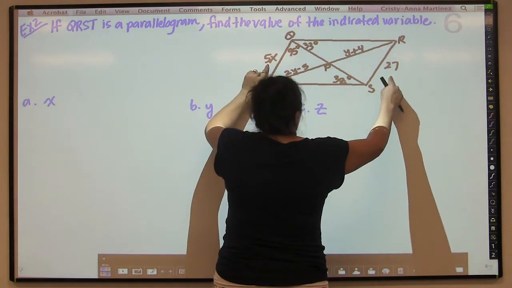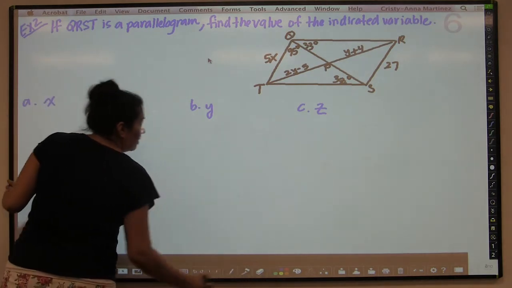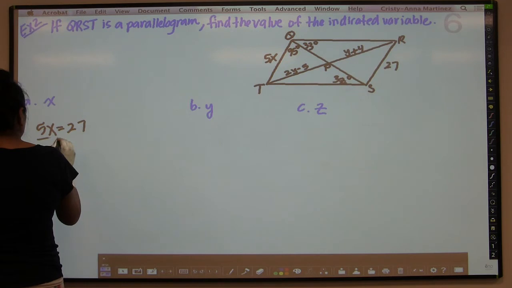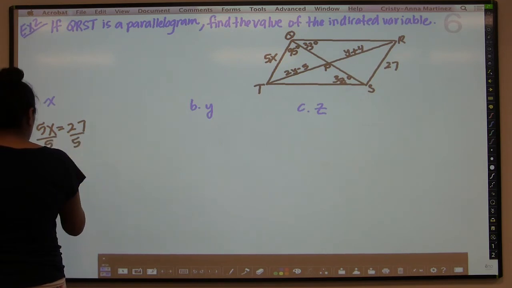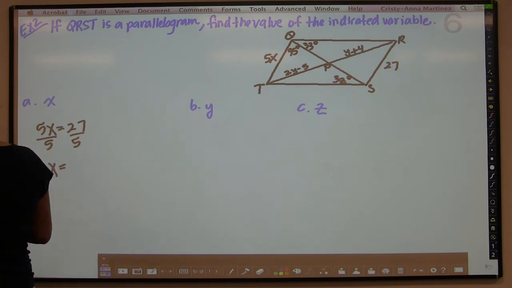So 5x has to equal 27. Divide by 5, and we're going to get 27 divided by 5, which I believe is 5.4. But I'm confirming that here. Yes, 5.4 for x.